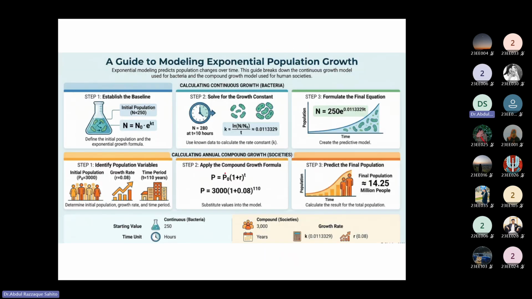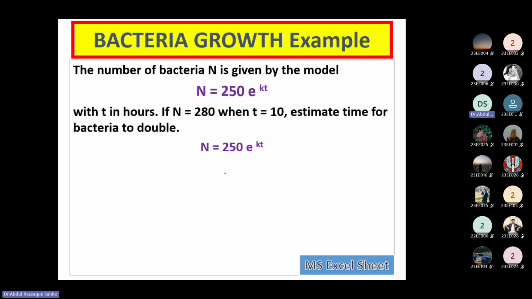The problem with k was this one, in which we consider that we have a bacterial population, the total N equals 250 exponential power k into t, which we discussed in the last lecture. Now this is equation number 1. Mark it as equation number 1.